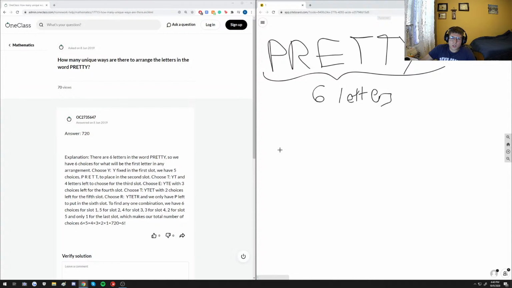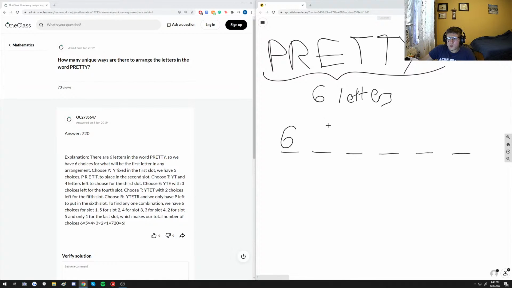So we know that there's 6 different spots that could possibly be filled in because we have 6 letters. And for the first spot, we have the choice of all 6 letters to go in this spot, right? So right here, there are 6 different letters that can go in the spot.